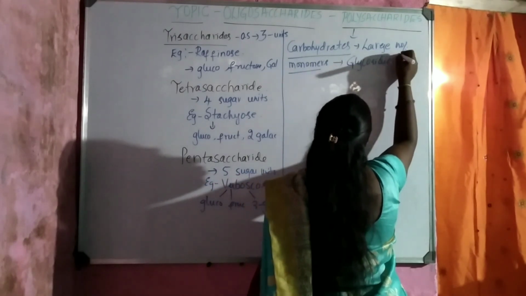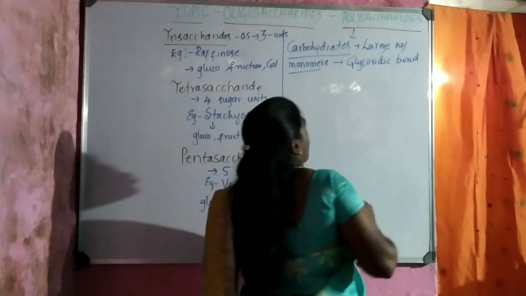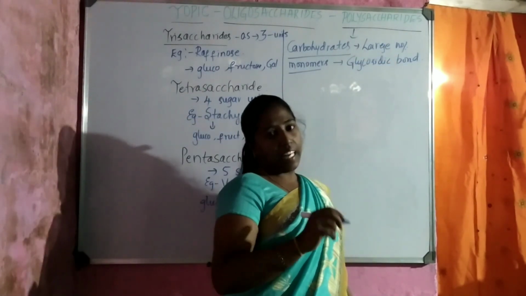Glycosidic bond. Glycosidic bonds result in the formation of polysaccharides.